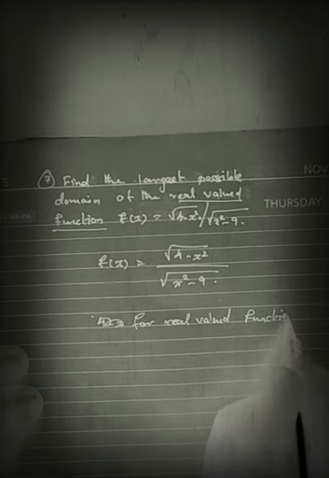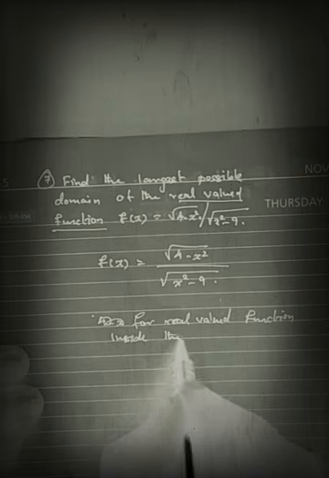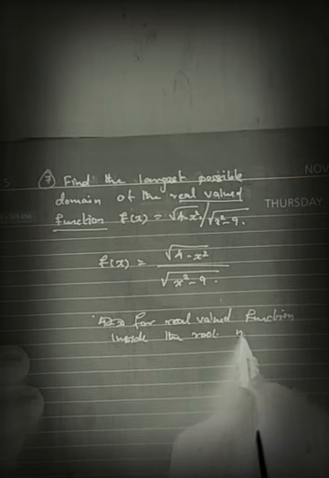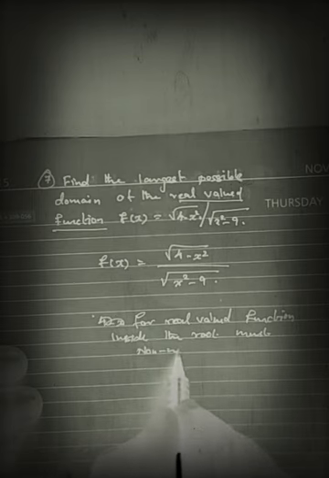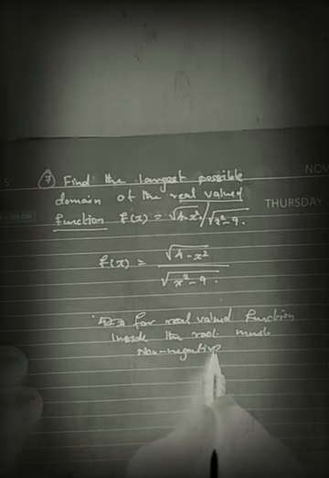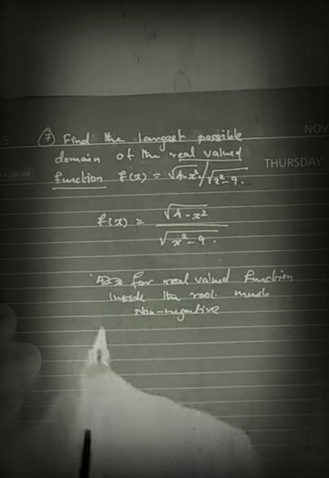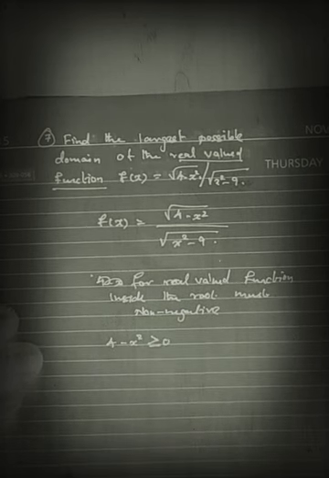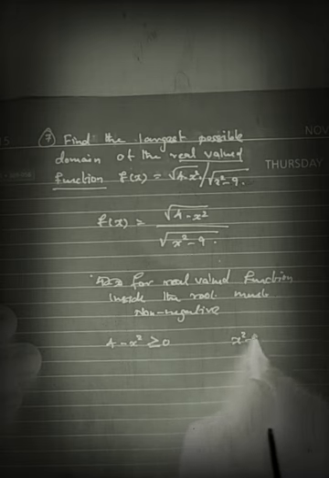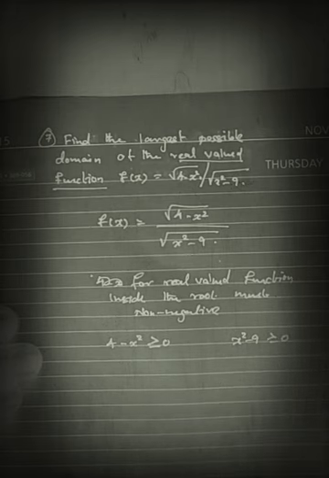Inside the root must be non-negative. So that we have to follow. Non-negative, now 4 minus x square value should be greater than or equal to 0, and x square minus 9 value should be greater than or equal to 0.